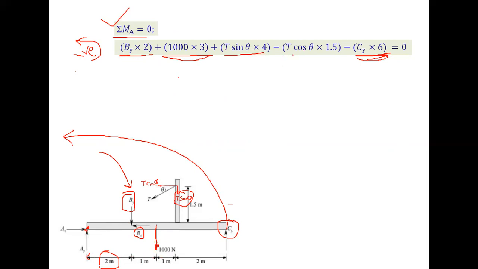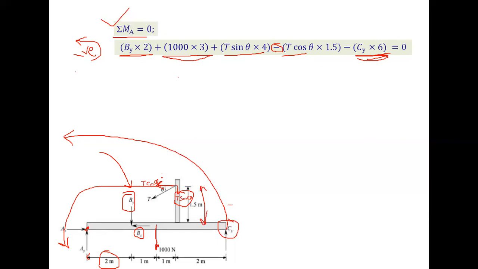Similarly, T cos theta. So this T cos theta is acting over here, and it is producing anti-clockwise moment about point A. Okay. So you will get a negative sign here, and T cos theta into what is this perpendicular distance?